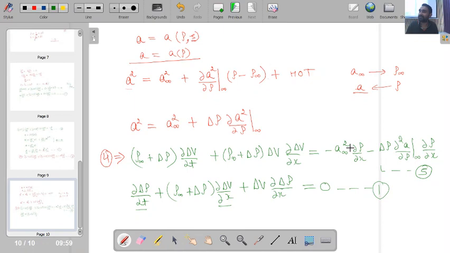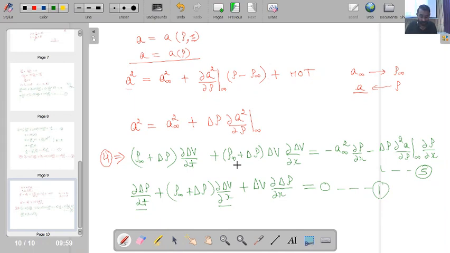Fine. So if I have to find out how my delta V and delta rho propagate with space and time, then ultimately I have to find the solution of these two equations.